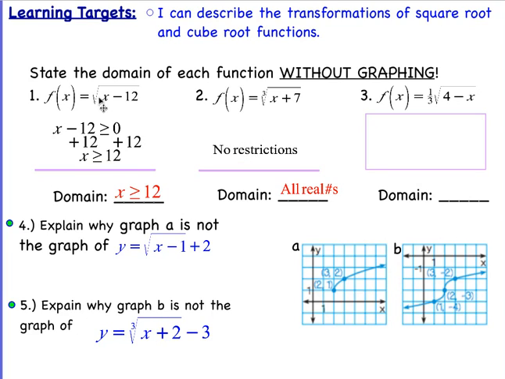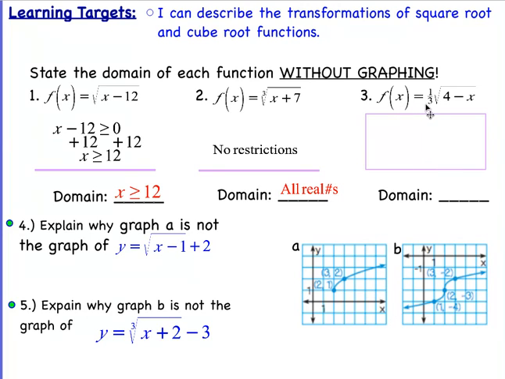However, when your root is even, when the index is even, such as here, even though there isn't a 2 there, we know that this symbol means square root. So whenever you have an even index, you will be dealing with restrictions because you cannot have a negative as a radicand.